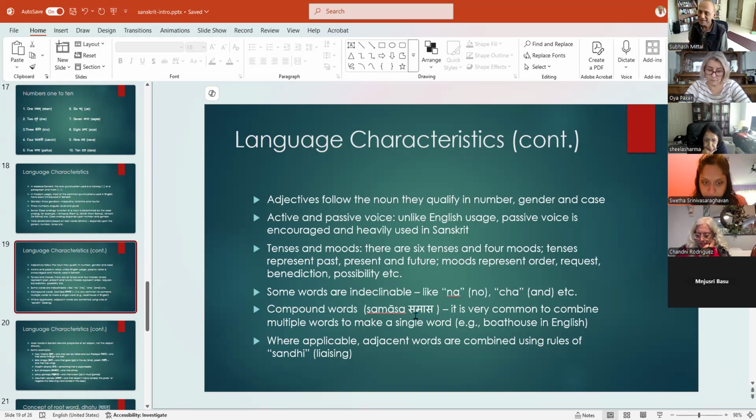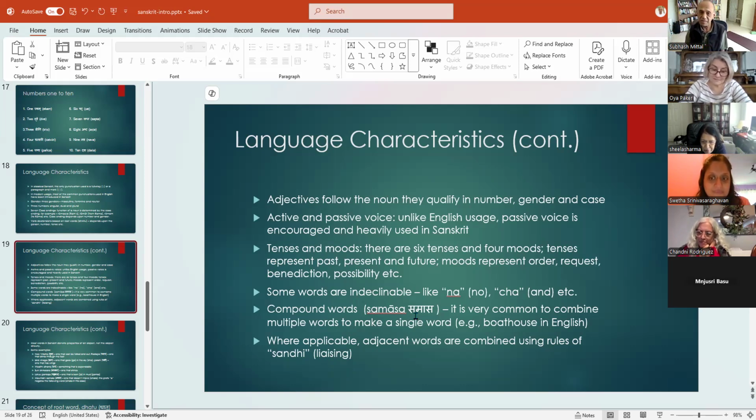In Sanskrit, if you read some of the texts, the authors would have made a single word combining 7, 8, 10 words all together. They keep combining, and then eventually it becomes one word.